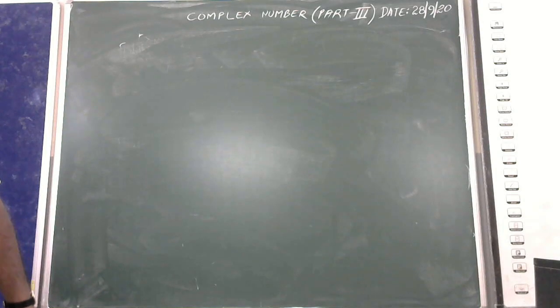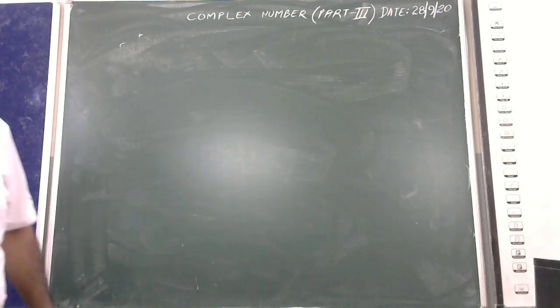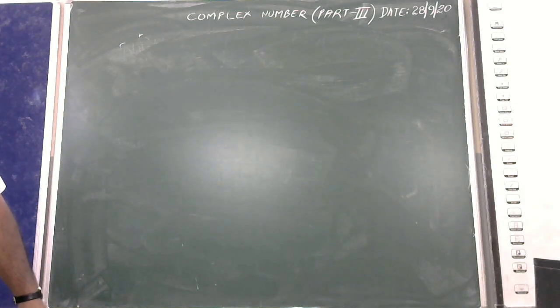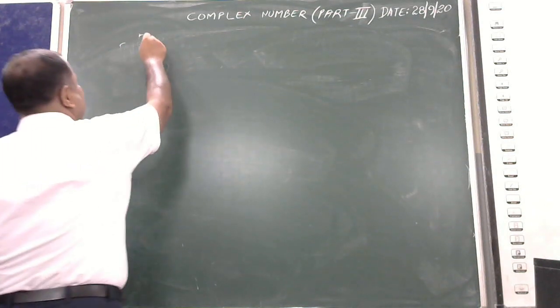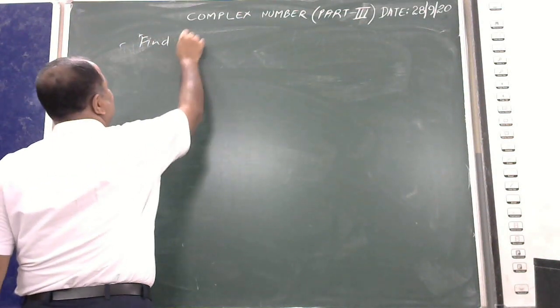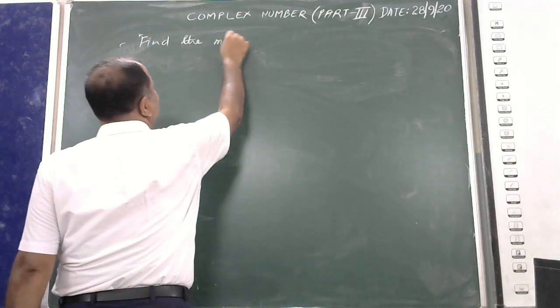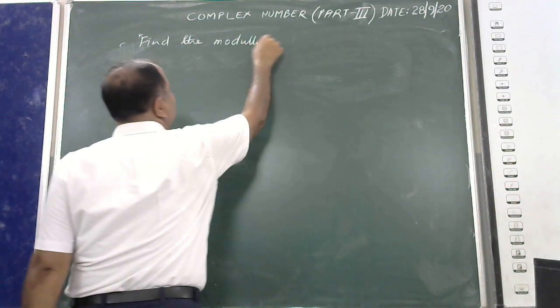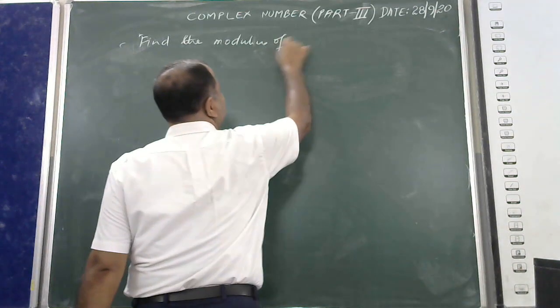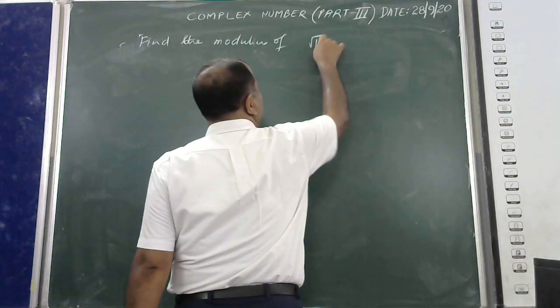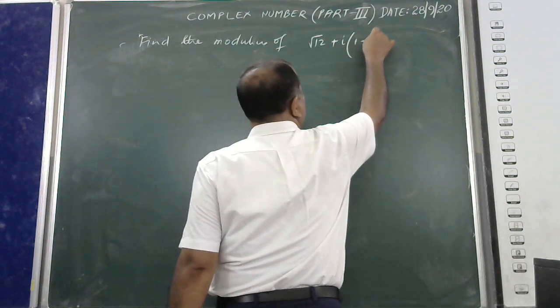3. Find the modulus of root 12 plus i over 1 minus i.